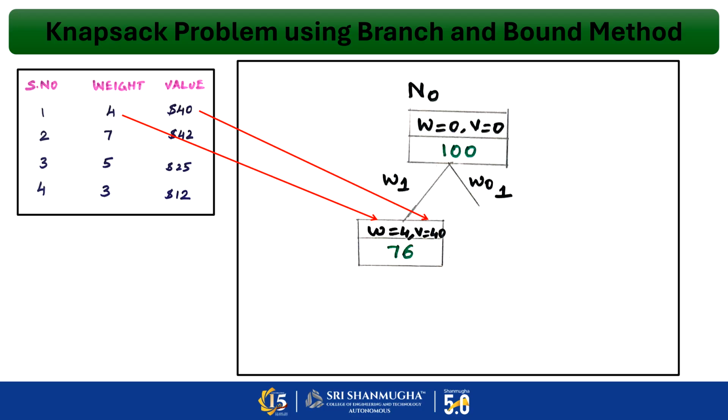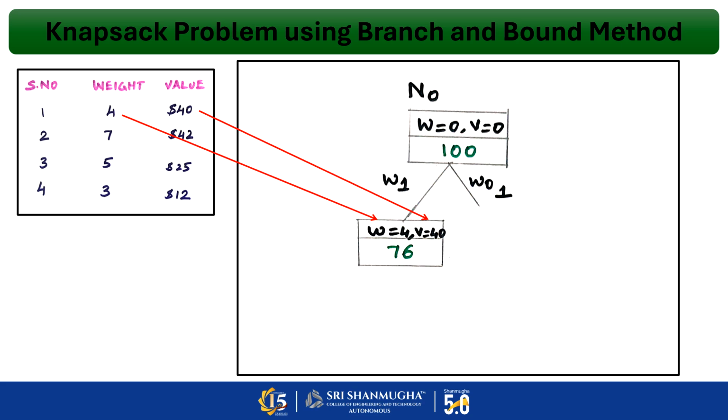Now we have to derive W1, that is with weight and without weight. For each node we have to derive 2 branches. Left side will be with and right side will be without. That's what I mentioned, W and W0, that is without. So W1 is nothing but with weight and W01 is nothing but without weight.